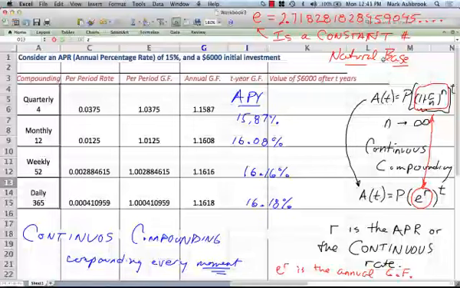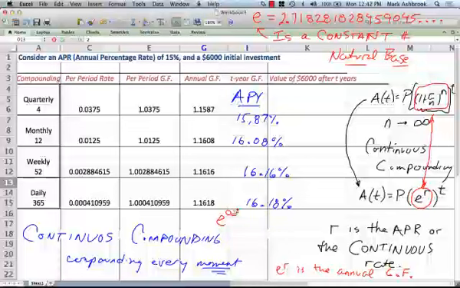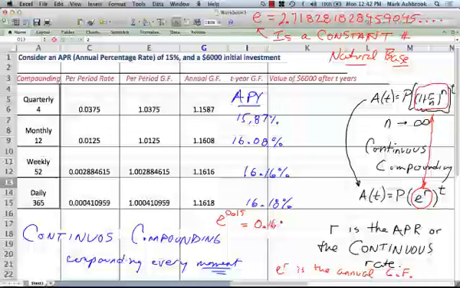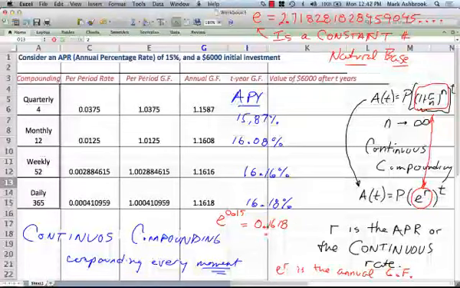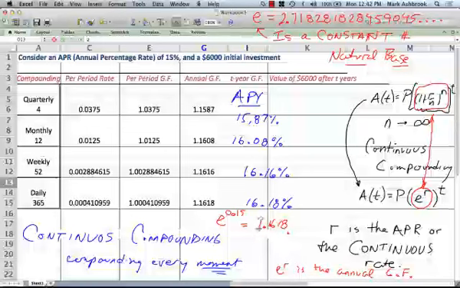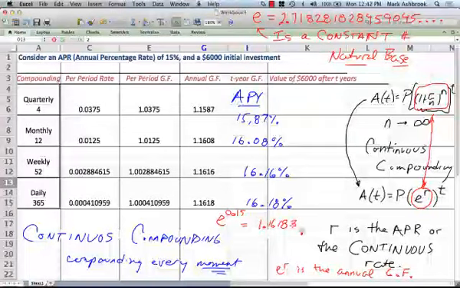Is that going to give us a percent increase? No, it'll give us the annual growth factor. So e to the 0.15 should be 1.16183. So therefore, that is the true growth factor for continuous compounding.